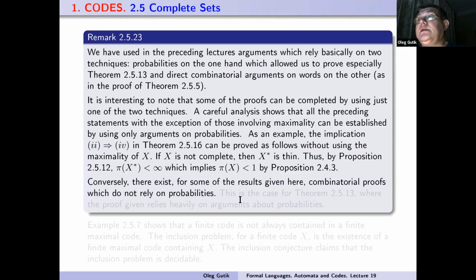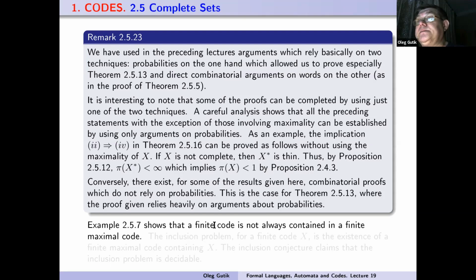Conversely, there exist for some of the results given here combinatorial proofs which do not rely on probabilities. This is the case for theorem 2.5.13, where the proof given relies heavily on arguments about probabilities.